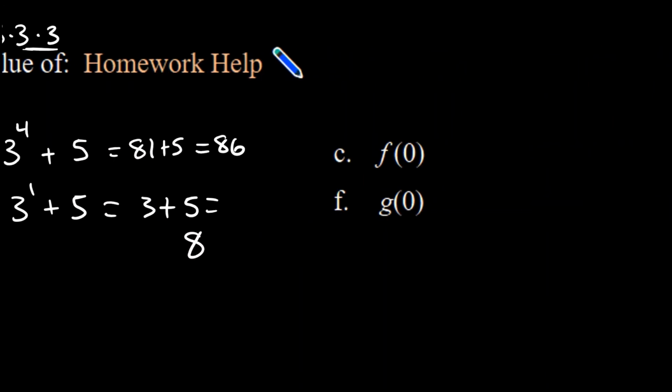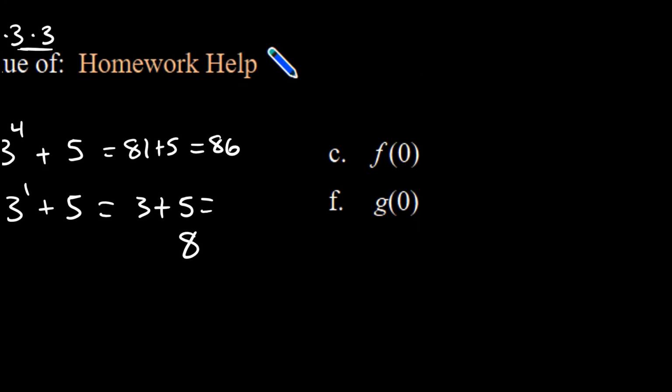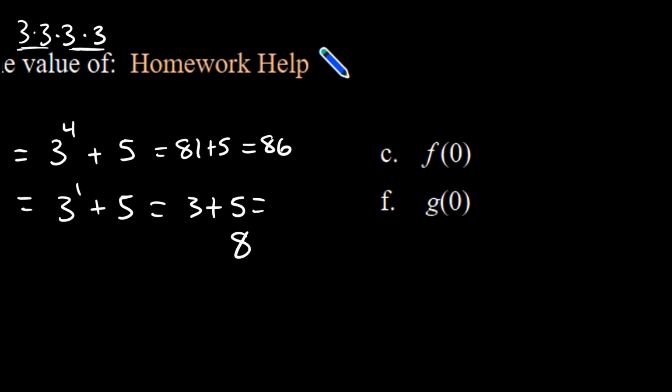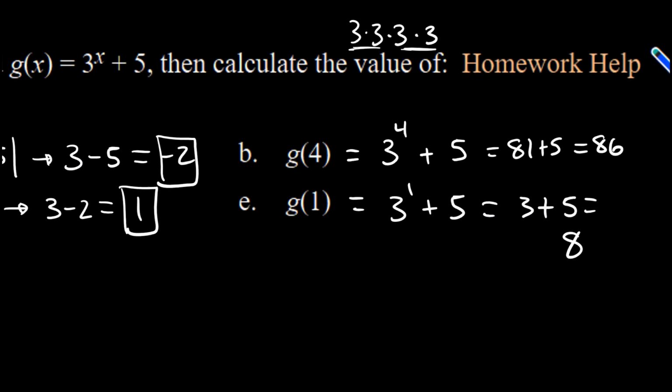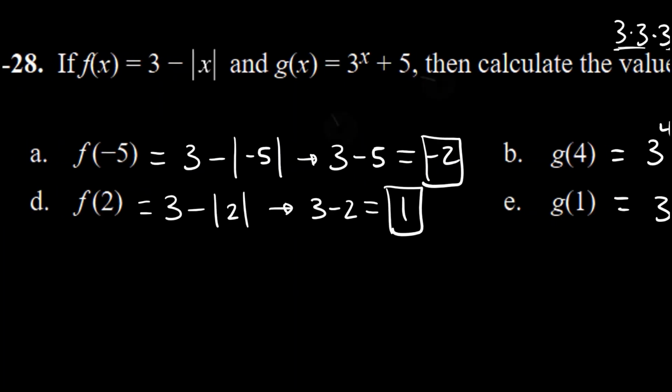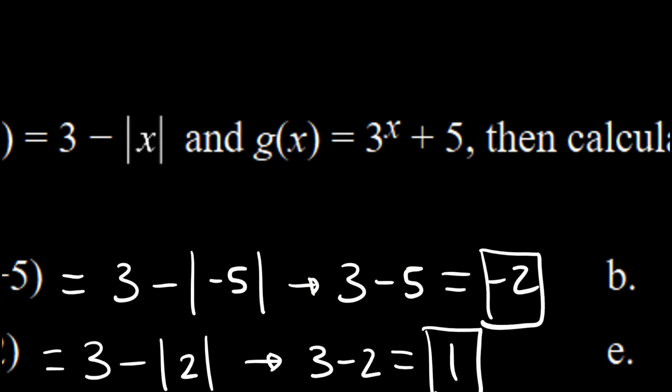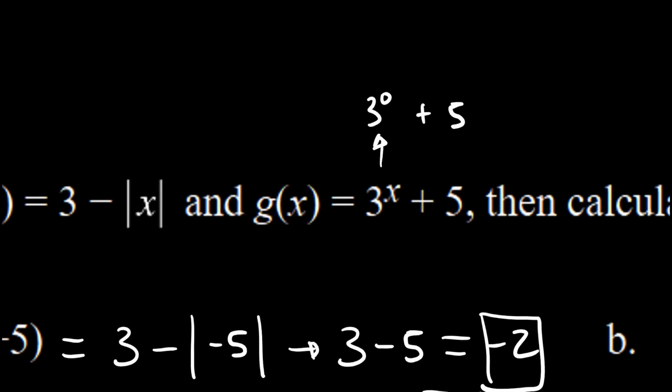All right, last two over here. They're f of 0 and g of 0. The problem is I can't see the functions now, but I'm supposed to evaluate at 0. So this one is fabulous, right? Because 3 to the 0 power is just the number 1. So this is going to become 1 plus 5, which is 6.